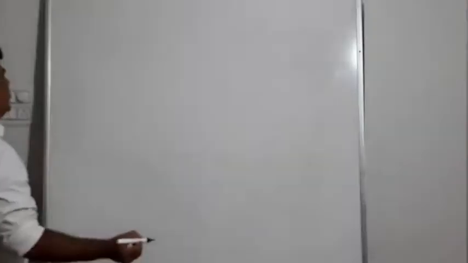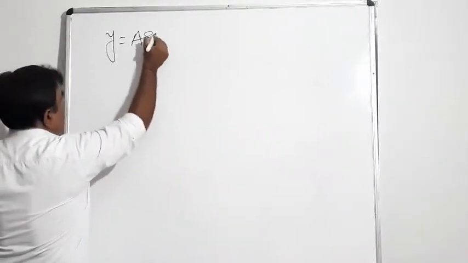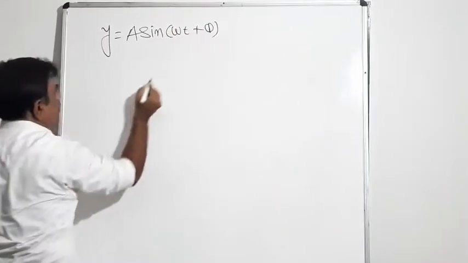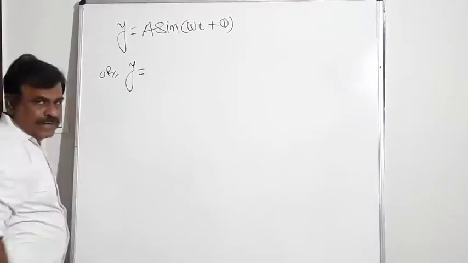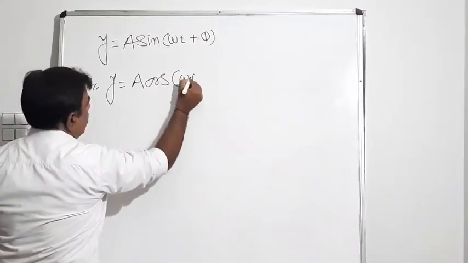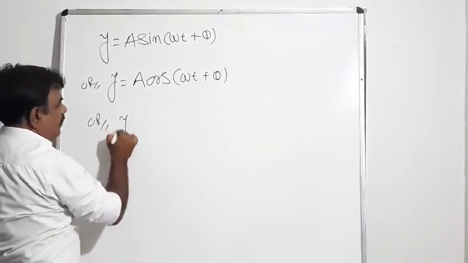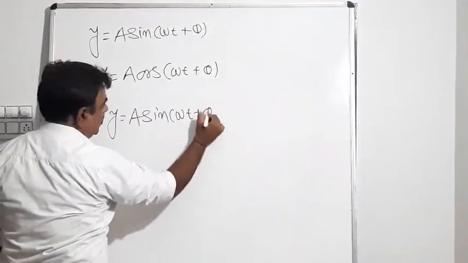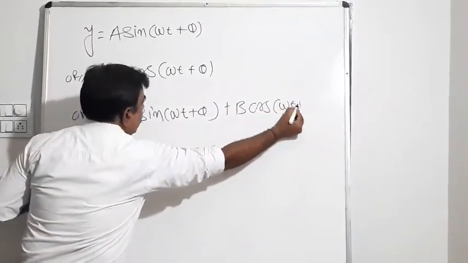So SHM can be written as, let's say, y is equal to a sin(omega t plus phi), or you can write x also, a cos(omega t plus phi), or y is equal to a sin(omega t plus phi) plus b cos(omega t plus phi).